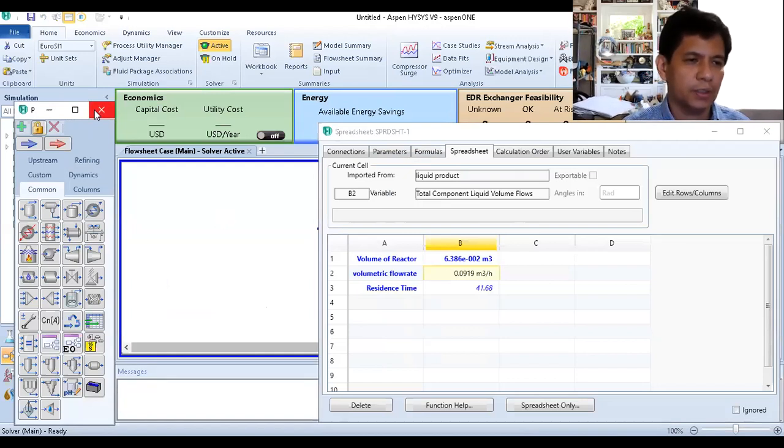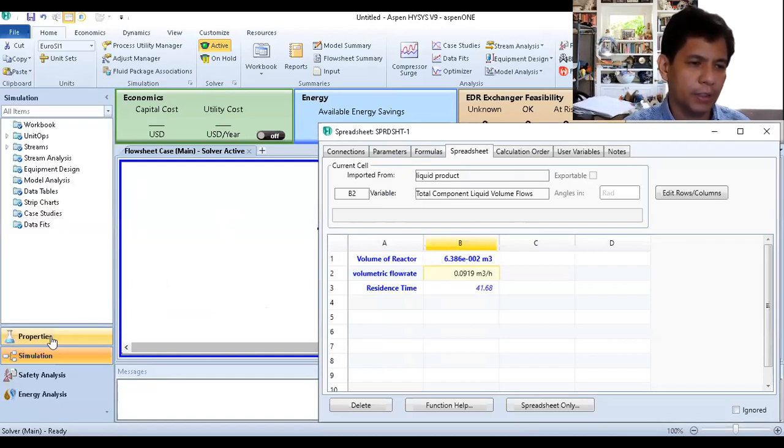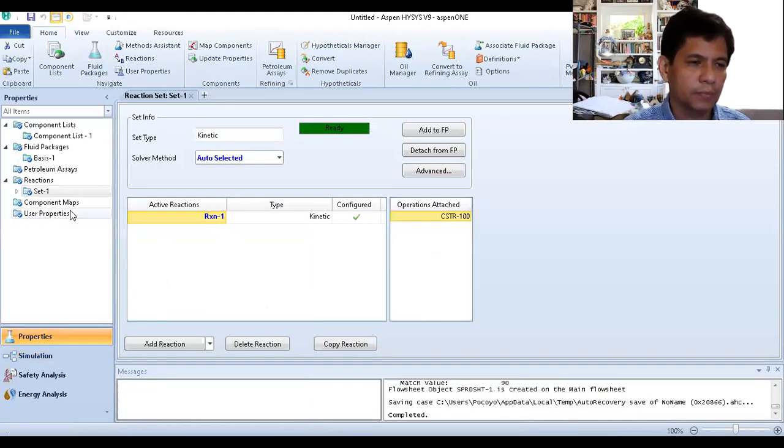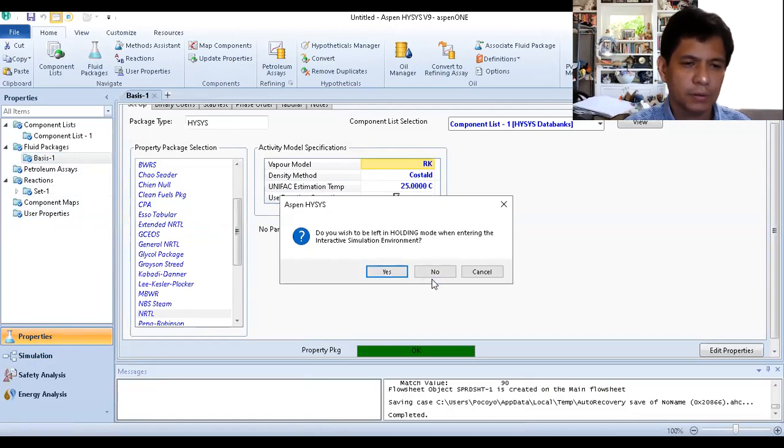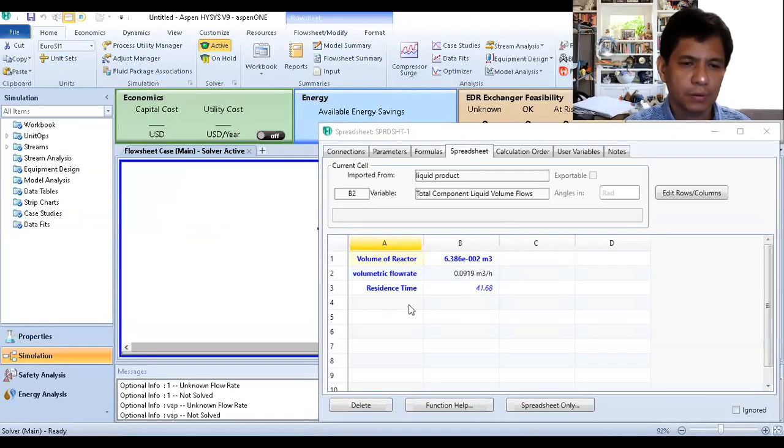Let's try to change the fluid package to RK. Ngayon natin kung nagbago. Konti lang naman yung difference dito.